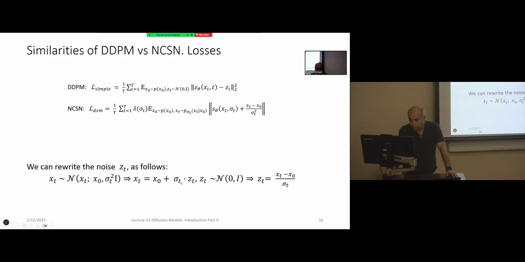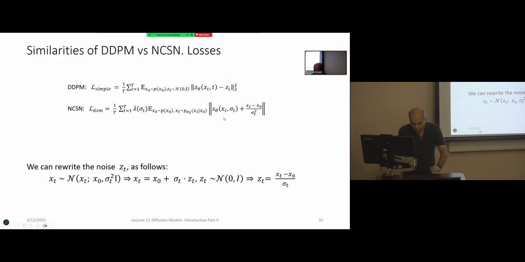So what I'm saying here: take this equation and express zt on one side and bring everything back on this side. So (xt minus x0) divided by sigma t is zt, which was the ground truth when we are training the DDPM.